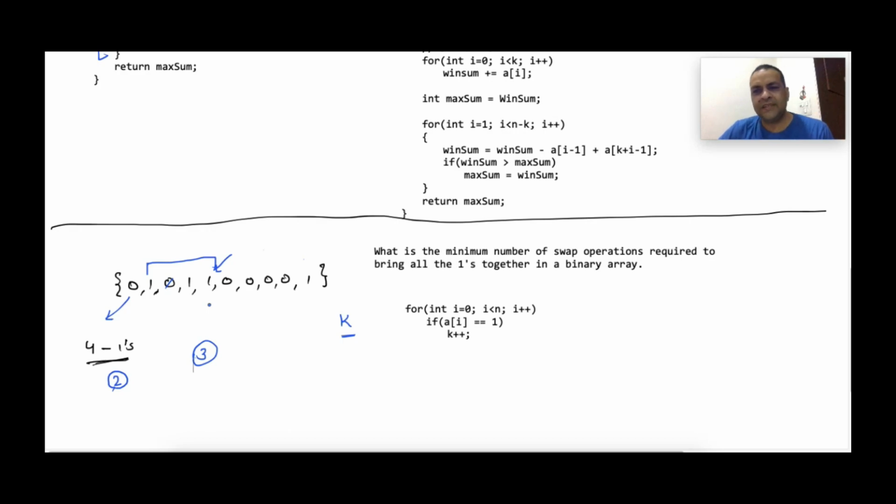So basically, as I said earlier, sometimes the concept or the data structure which will apply in a particular question may not be very intuitive. Here it is not very intuitive that sliding window will be applied. In the previous question, it was very intuitive that sliding window would be applicable, right?